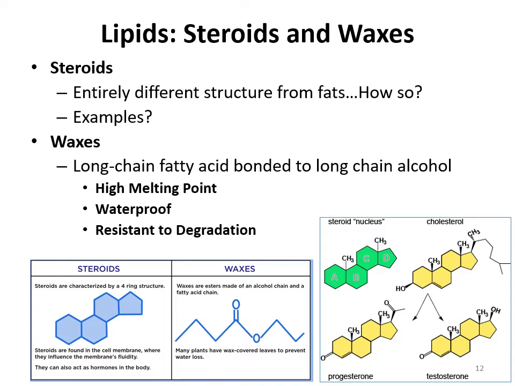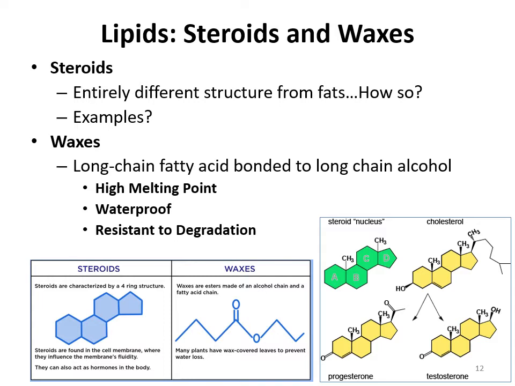Now, waxes are also a little different from some of the other lipids. They still have long-chain fatty acids, but they're also attached to long-chain alcohol. And that's important because it helps give them a nice high melting point.